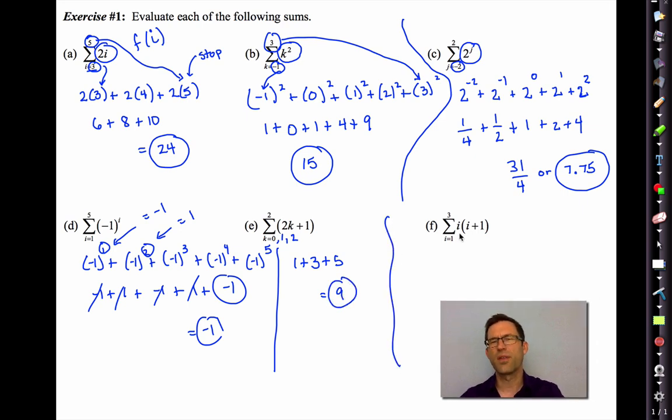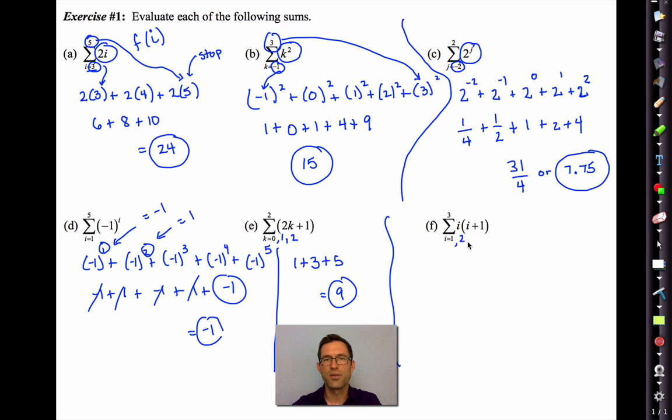All right, this one I think I'll write out a little bit more, but it's 1, 2, 3, right? I'm going to start at 1, end at 3. So if I put 1 in there, I'll have 1 times 1 plus 1, plus 2 times 2 plus 1, plus 3 times 3 plus 1. So that's going to be 1 times 2, plus 2 times 3, plus 3 times 4.